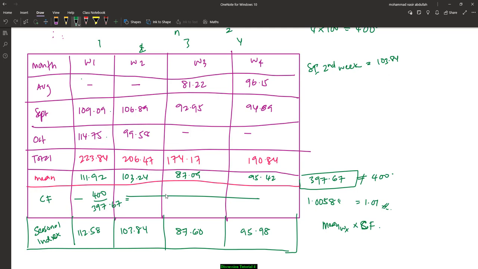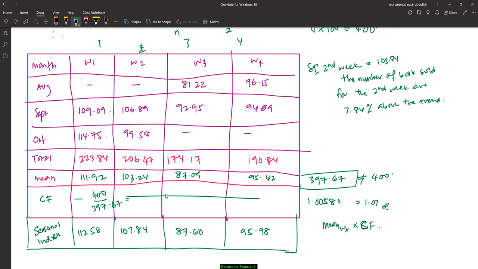It means that the number of book sold for the second week are 3.84% above the trend. So this is how we interpret the seasonal index.